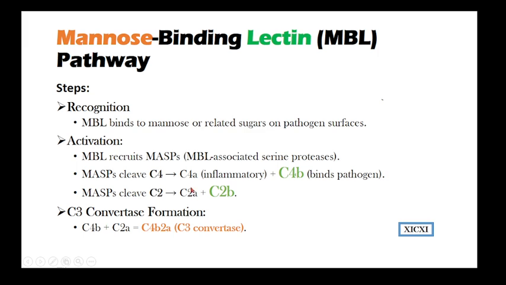Usually A leaves the cascade, and we remain with C2B. Together, C4B and C2B, the activated forms, form what is called C3 convertase. This is the enzyme which is going to activate C3.